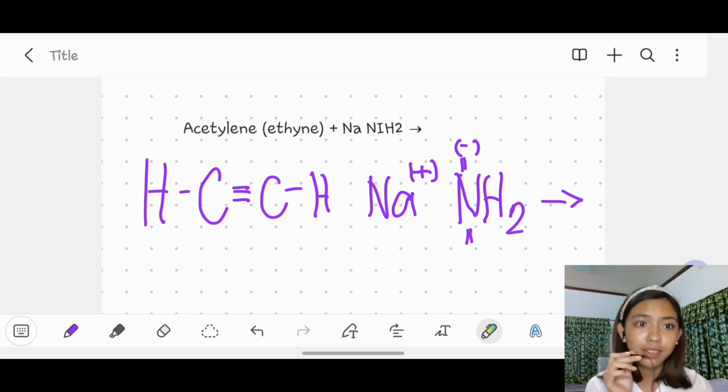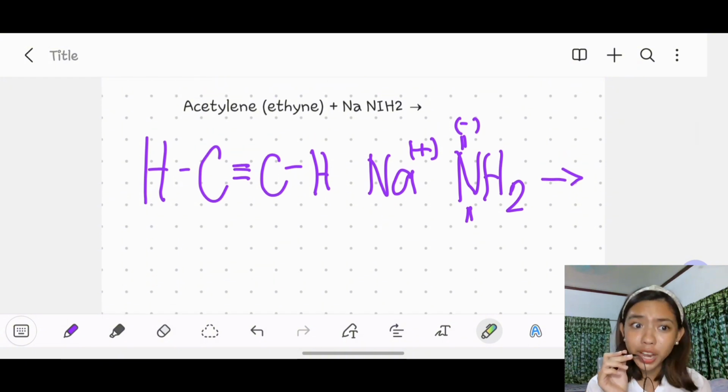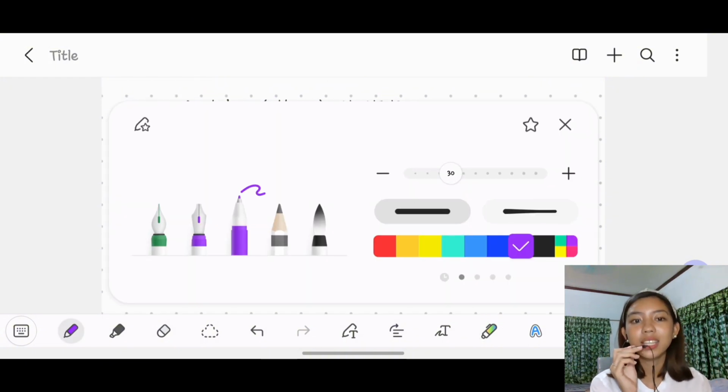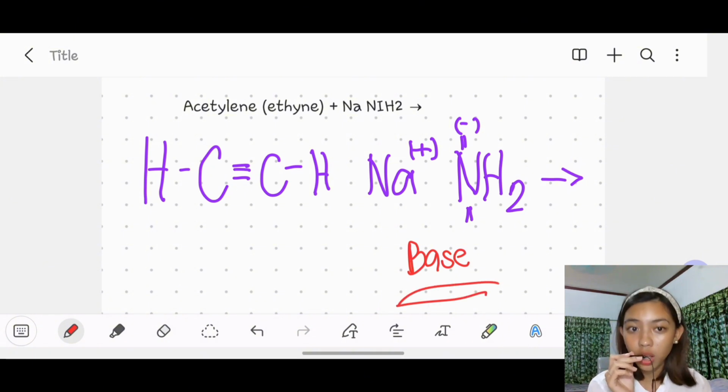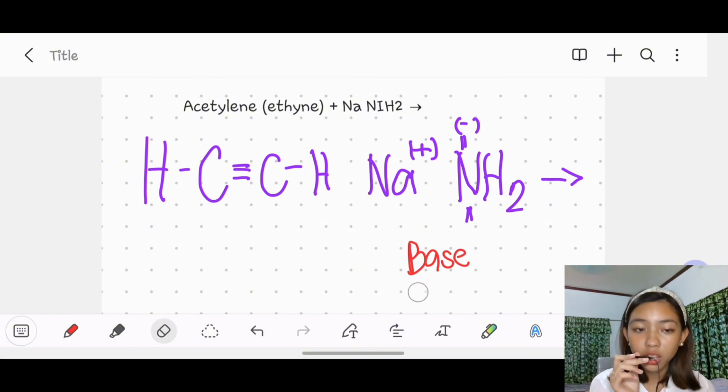Why is it basic? Because it stabilizes itself by acting as a base. It uses its lone pair of electrons to grab a proton. And when it does that, it becomes NH3, which is ammonia.